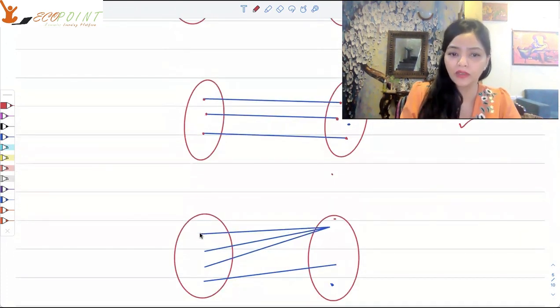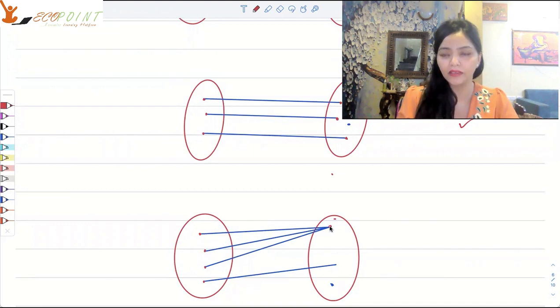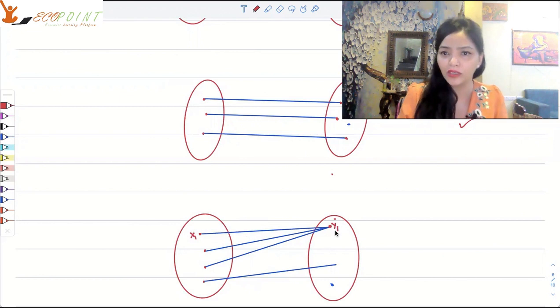What about this relation? Here, everything in the input set is getting mapped. 3 elements in the input set are getting mapped to just one single element. So is it a function? Well, yes, indeed, it's a function. The output is unique. When is the output not unique? When you have more than one output for one particular input. But here, this one particular input has this output. So suppose this is X1, it has an output Y1 only.